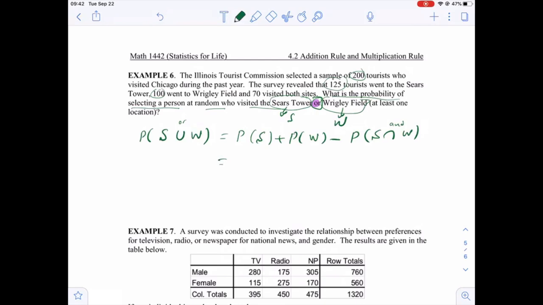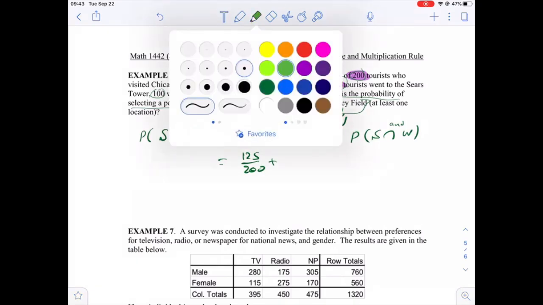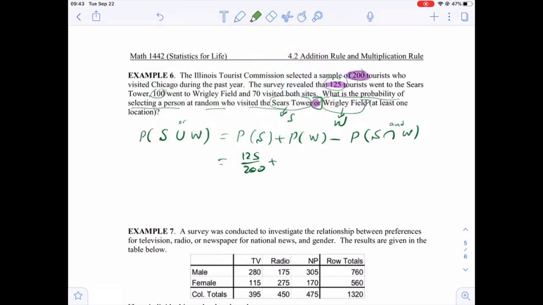So probability of visiting Sears Tower is how many people? We have 125 who visited Sears. Out of how many? Here we don't have probabilities, we need to find the probabilities. Out of 200 plus probability of selecting one person who visited Wrigley Field. How many people visited this site?